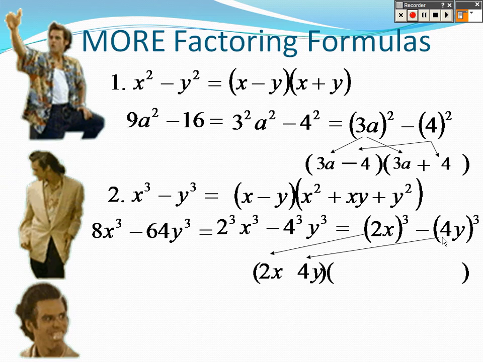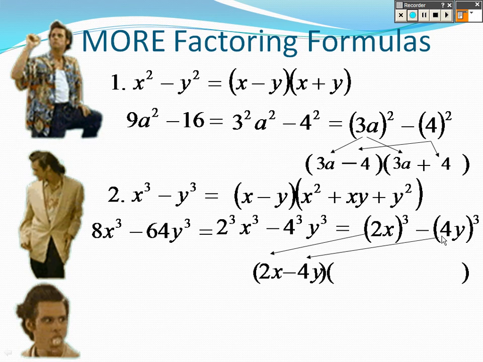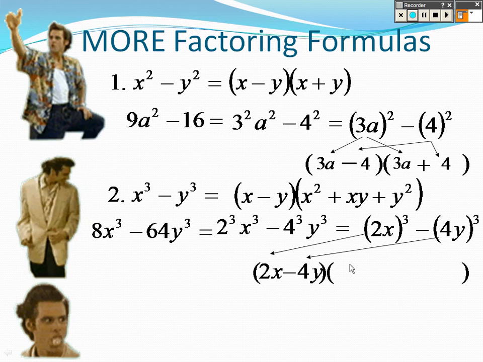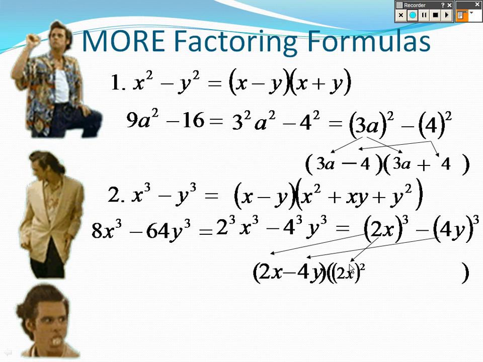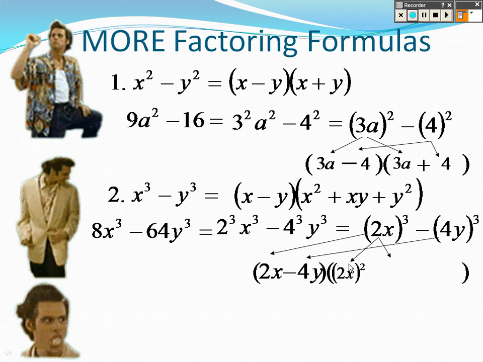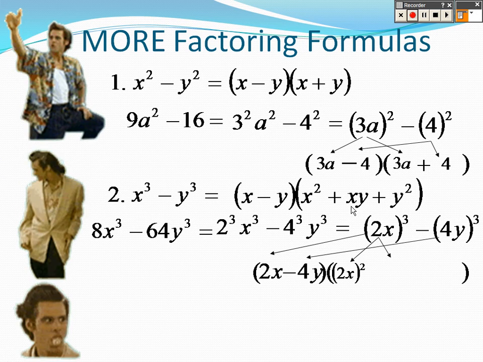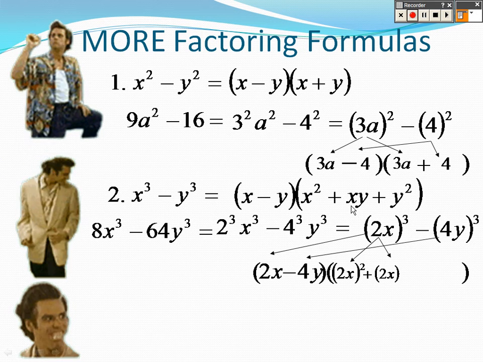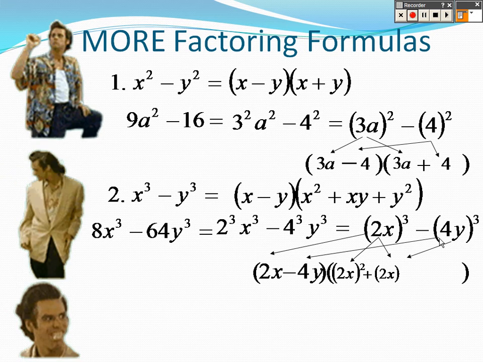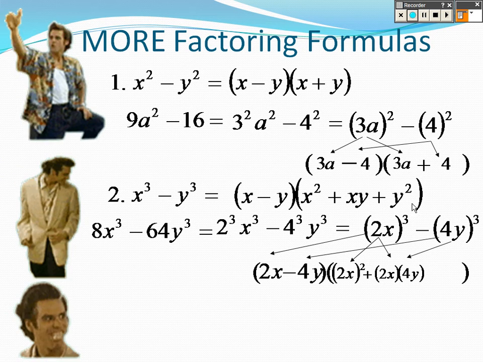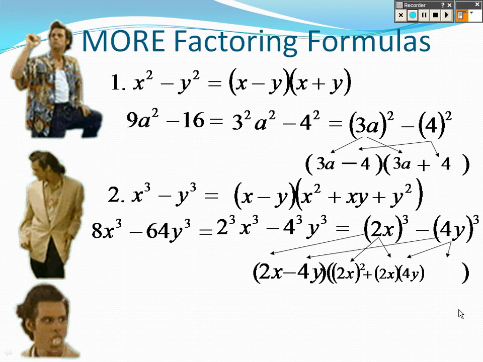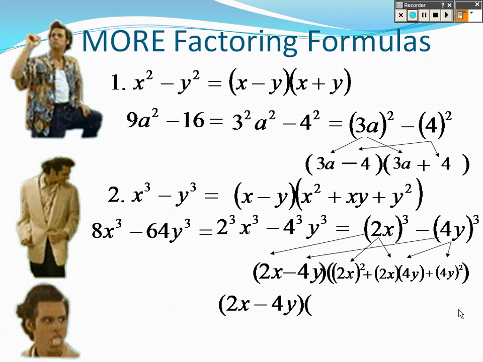And there we go. Then you take your first term and you square it. So 2x squared. And then you take your first term and you multiply it by your second term, which happens to be in our case a 4y. And then you take the last term and you square it. So almost done here.